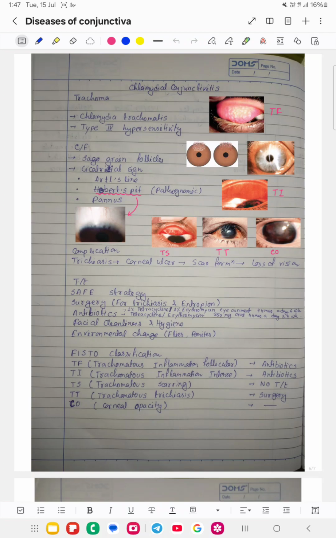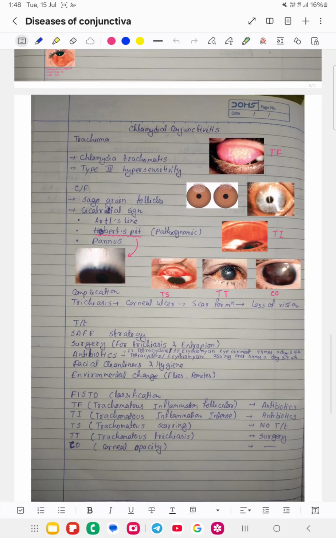CO, corneal opacity. Now in the first two cases, that is TF and TI, we apply antibiotic. But in TS, that is trachomatous scarring, as there is only scar formation, there is no pathogenesis or infection, so no treatment is needed. And in case of trachomatous trichiasis, for the correction of trichiasis, we need surgery.